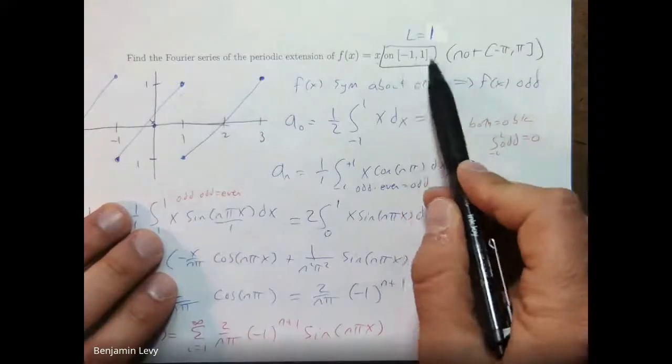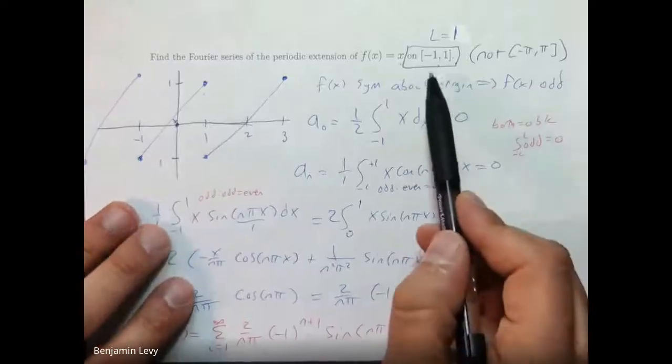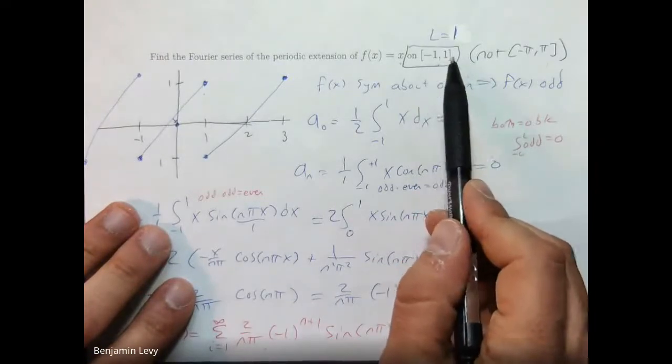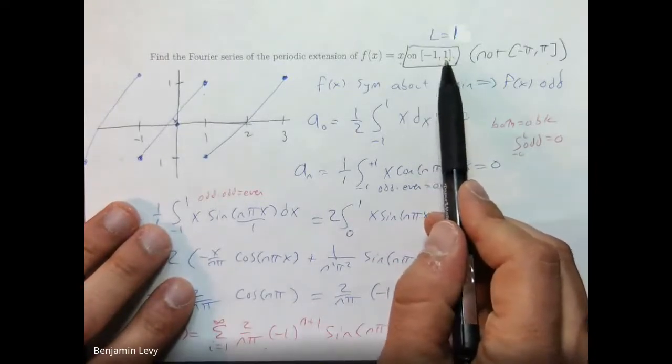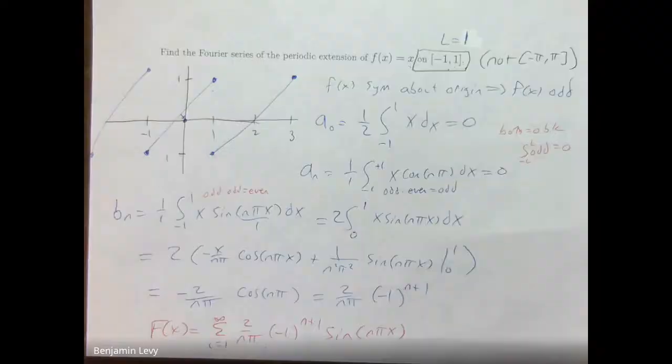Whatever's inside the interval you're given is L. That's another way to think about it, because this is always going to be plus or minus some number, like plus or minus 3 or plus or minus pi, plus or minus 10, and whatever is in there, L is the absolute value. Okay. Yep, thanks. Sorry, I definitely messed it up when I first said that. I got a little confused when I was reading that up top myself.